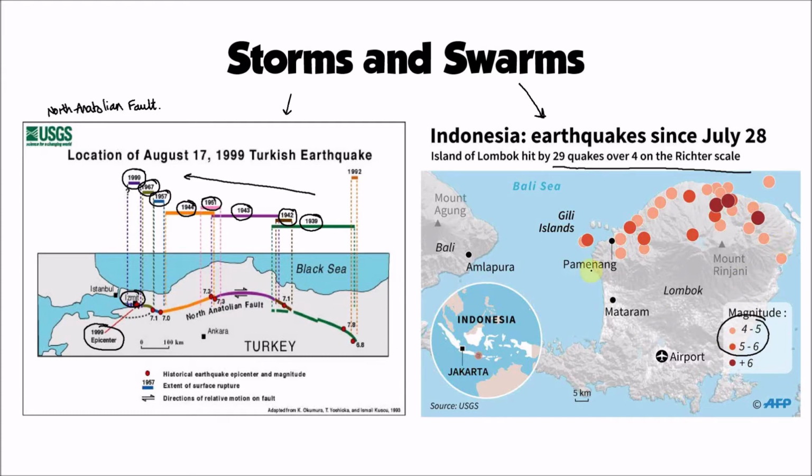So it's not that we have one large earthquake, such as a magnitude 7, followed by lots of small aftershocks of magnitude 3 or 4. We've got lots of earthquake activity clustering themselves in a similar location over a similar period of time.